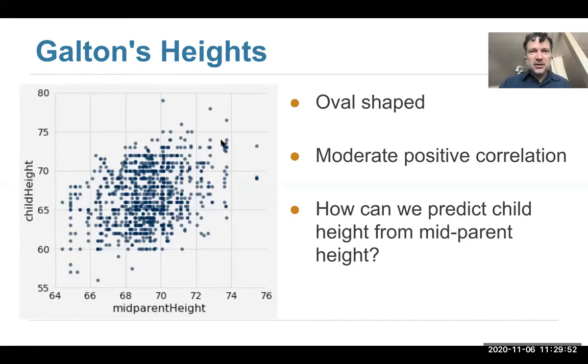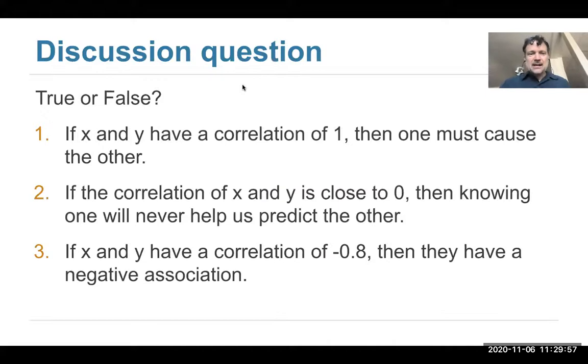Can I go over part 2 again? I cut out for part of it. Absolutely, yes. Part 2 is very tricky. Here's the deal. If the correlation of X and Y is close to 0, that means there's no linear association. But you could still have a nonlinear association, like a bowl shape, a curved shape, and that kind of shape could still lead to a correlation coefficient of 0.